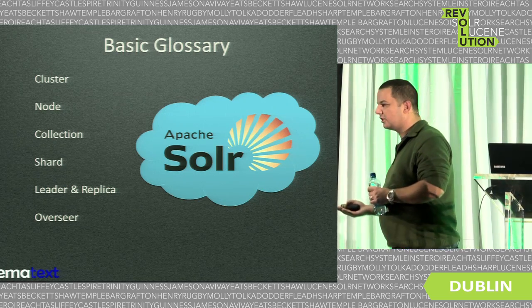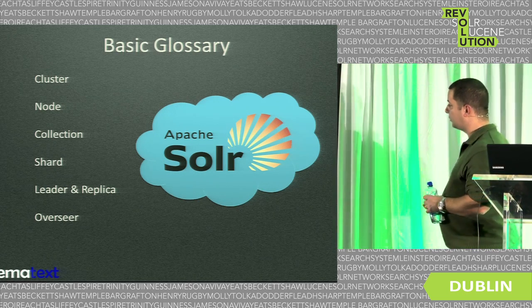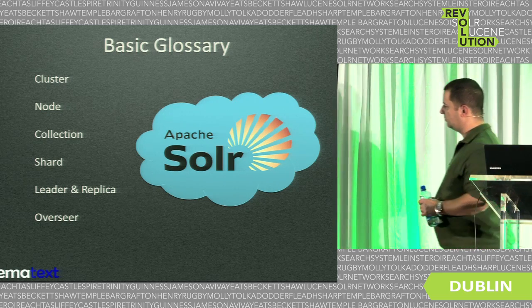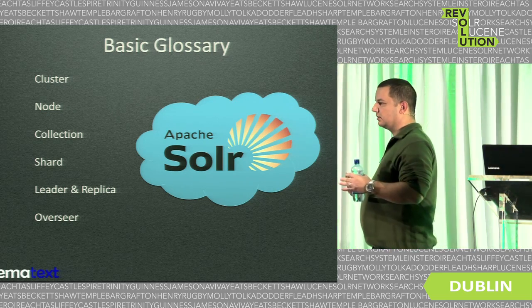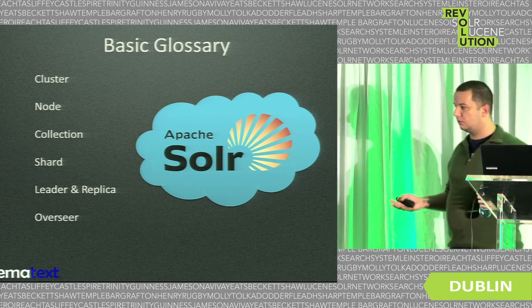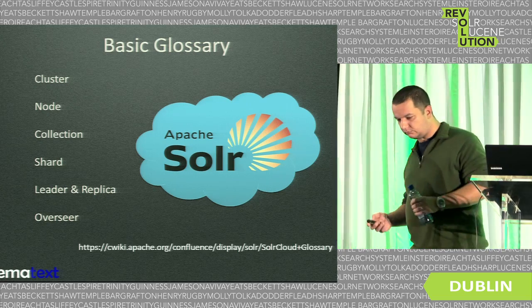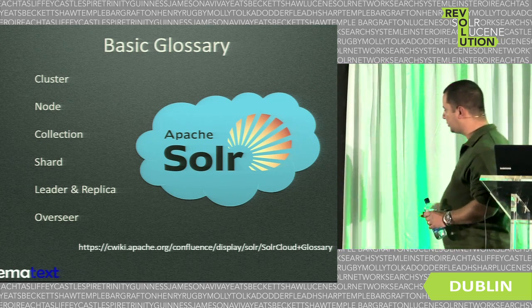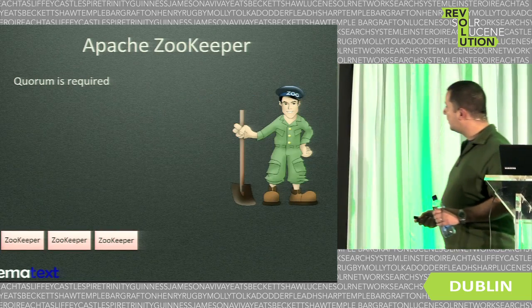If a leader shard fails, a replica can take its role. And we have the overseer, which basically works as a housekeeper to pay attention to the cloud. You can find a full glossary on the CWiki of Apache.org for Solr.